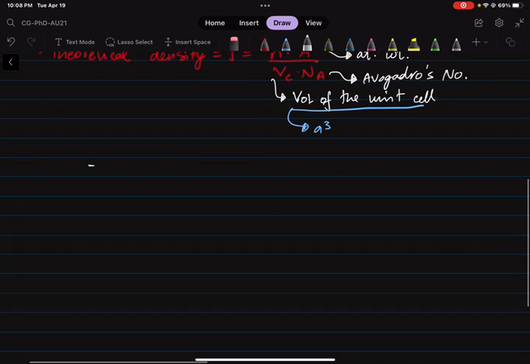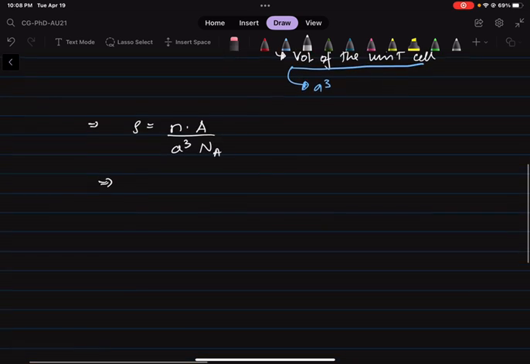So what it'll look like is rho equals n times A divided by small a cubed times Na. And if you plug in the values, this will come down to 7.90 equals 2. Now remember, the number of atoms for BCC equals 2.